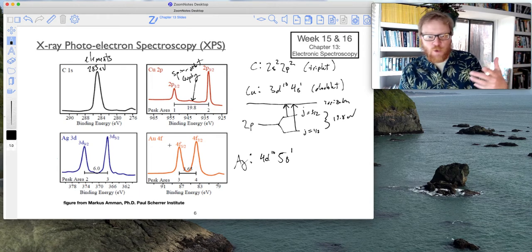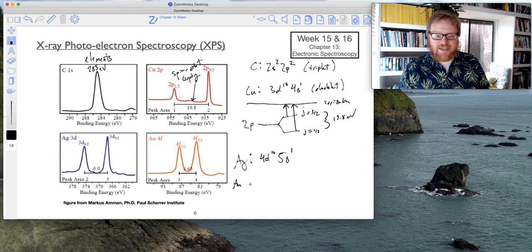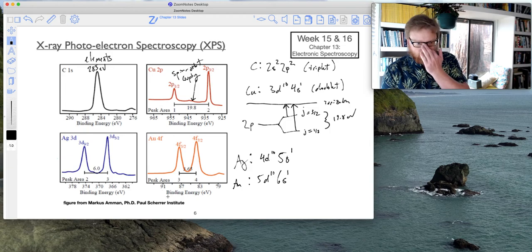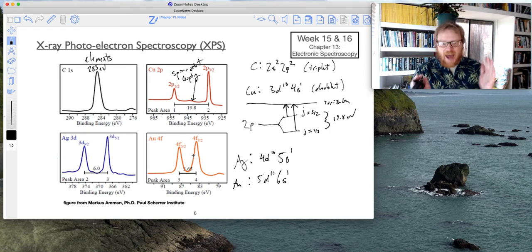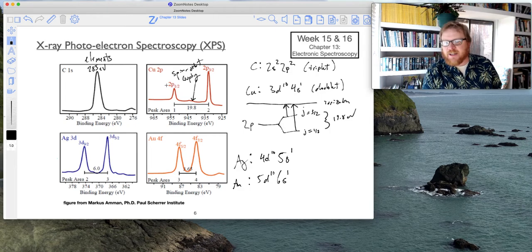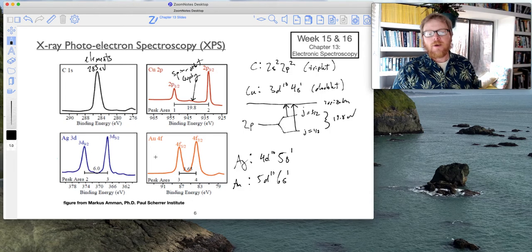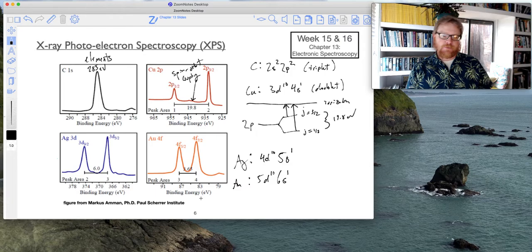And when we go to gold, right down the line, gold is also a doublet, 5d10, 6s1, and now we're talking about ionization from a core F level. It also exhibits spin-orbit splitting, but not nearly as much as silver and not nearly as much as copper because of the large presence of electrons.